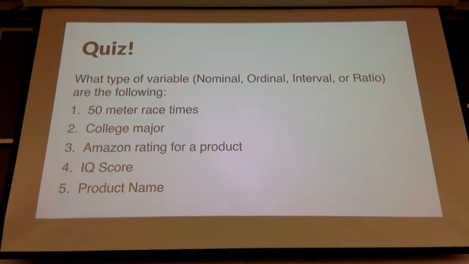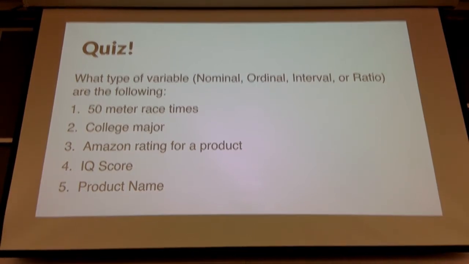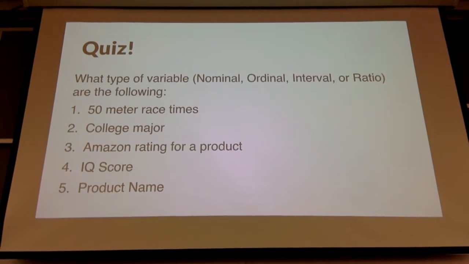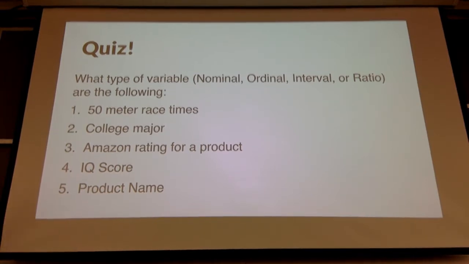IQ scores are designed to measure humans with a certain ability, right? Zero IQ doesn't mean zero intelligence. My cat clearly doesn't have zero intelligence, but will fail an IQ test. Yeah. Okay. A product name? No. Exactly.